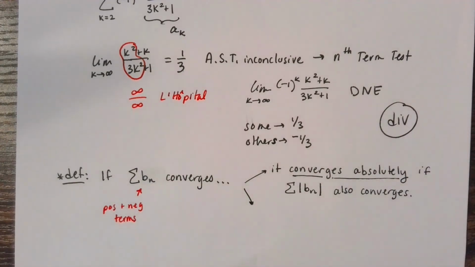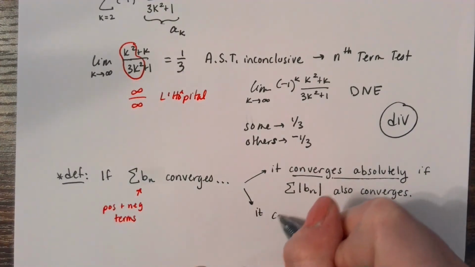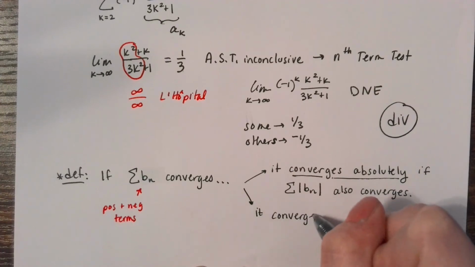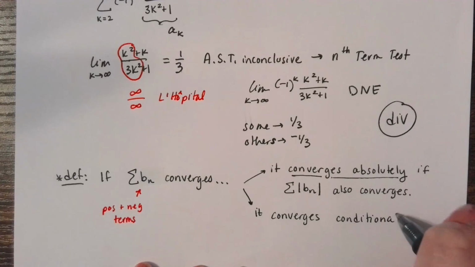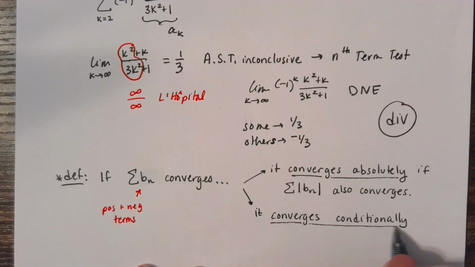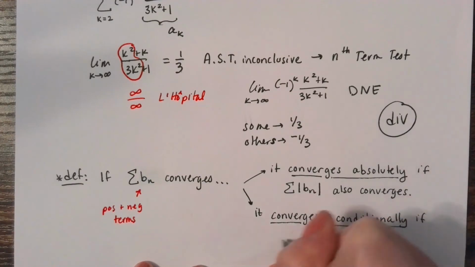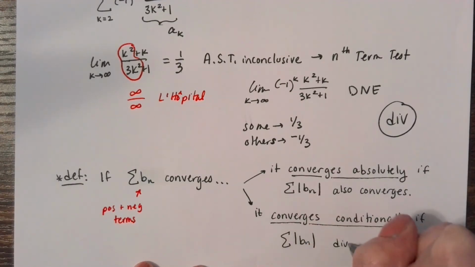And the alternative is that this diverges, but the original is convergent. So we'll say it converges conditionally if the series of the absolute value terms diverges.